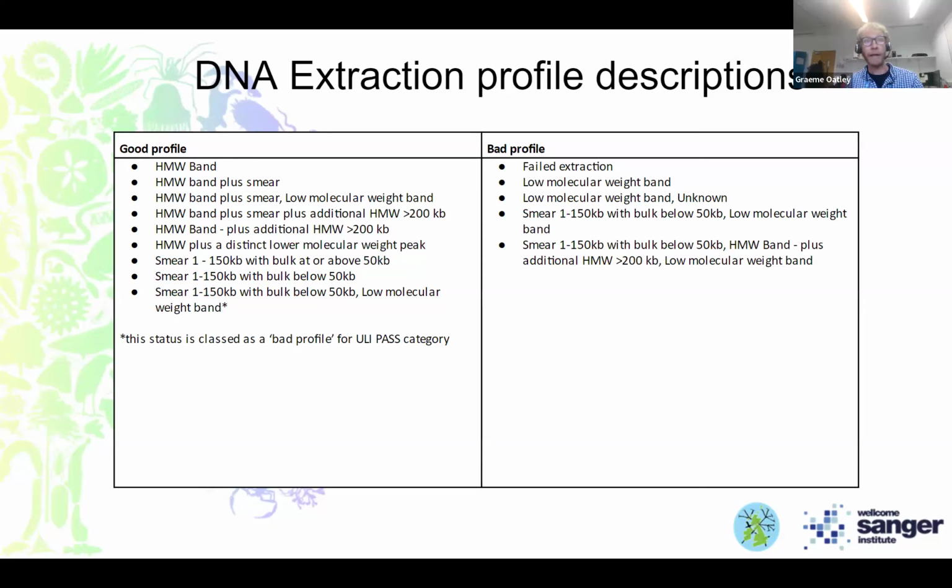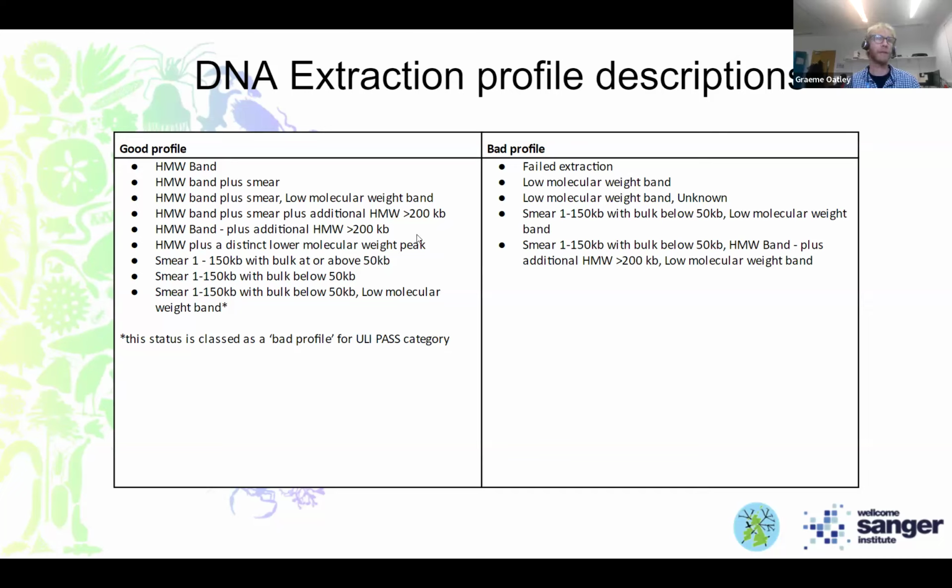Starting off with DNA extractions, we have grouped our profiles into various descriptions, which we use to describe a DNA profile. On the left, we have a list of what we class as good profiles, starting at the top with a nice high molecular weight band, and then working our way down as they get slightly less good. And then on the right, we have what we class as bad profiles.